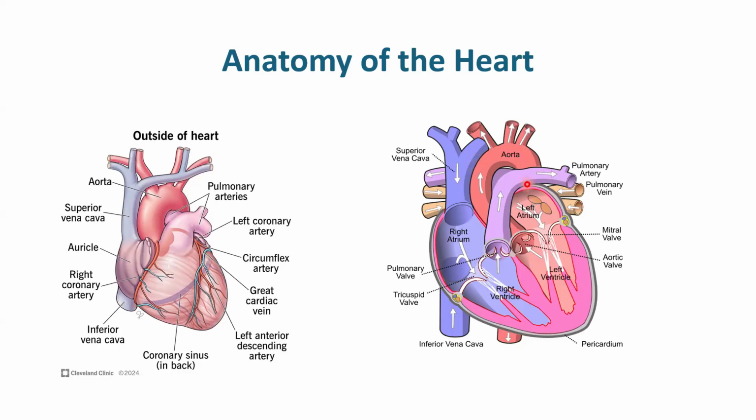You can see blood on the right side has a lot of carbon dioxide, which is why it's blue, and the other side is red because the blood is well oxygenated after coming from the lungs. So it's important in terms of understanding cardiovascular pathologies.